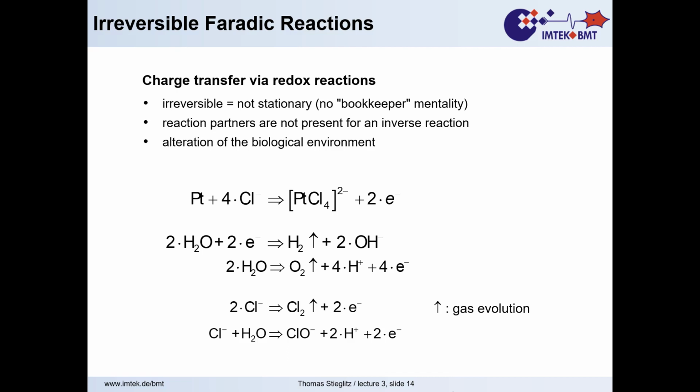And what do we have? We have water. We can split water into oxygen and hydrogen, and if we do that, we get gas and it goes away. By doing that, we get some electrons. And what do we do with the electrons? Well, first of all, if we really overdo it, we can also split off chlorine.